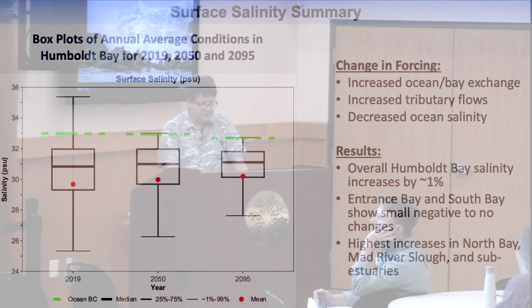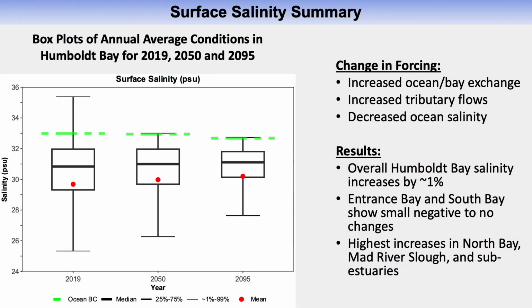Looking at the potential change into the future, even though ocean salinities are decreasing by about 1%, overall the bay salinity should increase by about 1%. It's not a significant increase anywhere, but we are going to see higher salinity levels in the bay.